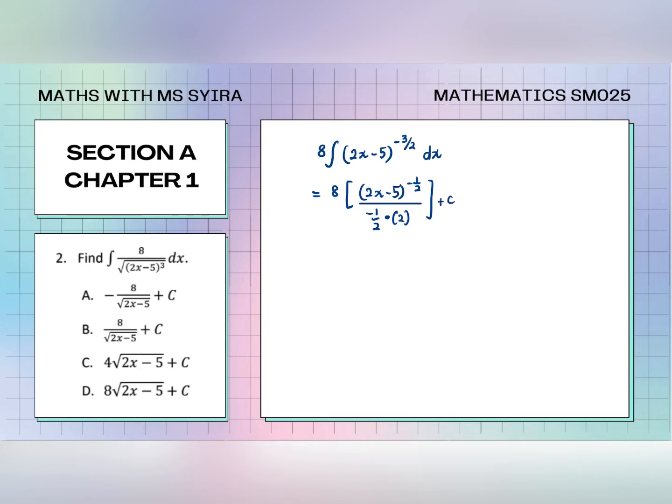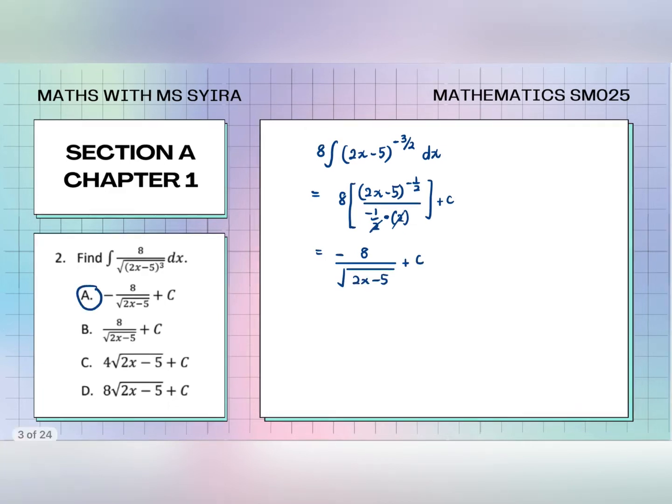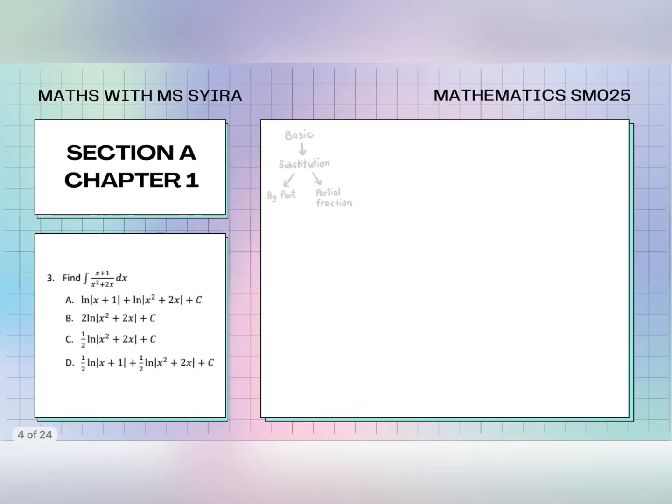Don't forget plus c at the back. But if you are rushing, it's okay. Then we simplify, 2 over 2 will be 1. So it will be negative 8 over square root of 2x minus 5 plus c. So the answer will be A.